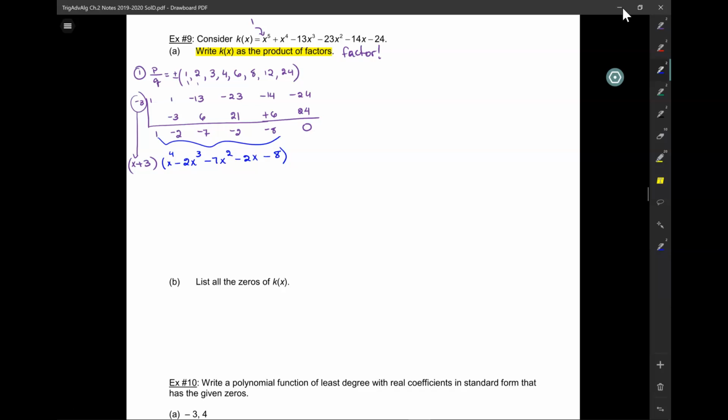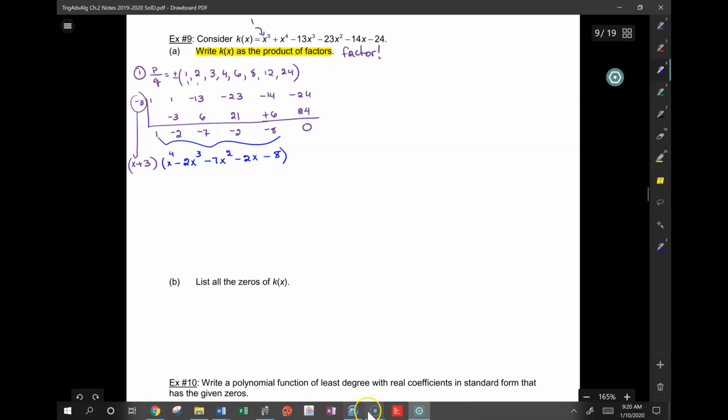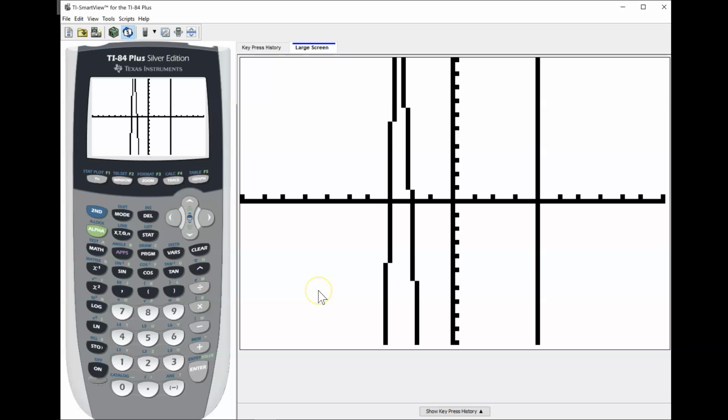Theoretically, we would keep doing synthetic divisions again until we get one that gives us a 0. But what we are going to do is go back to our calculator screen. This is the important part now. You go back to the calculator screen, and now you select an additional point where it crosses the x-axis. Remember how we had 3 choices here?